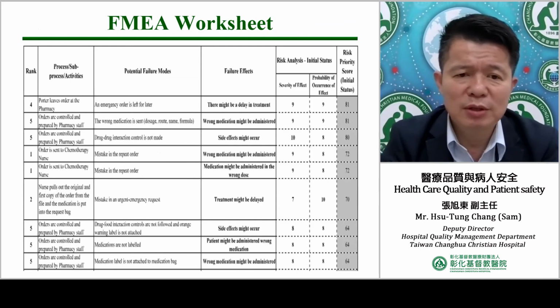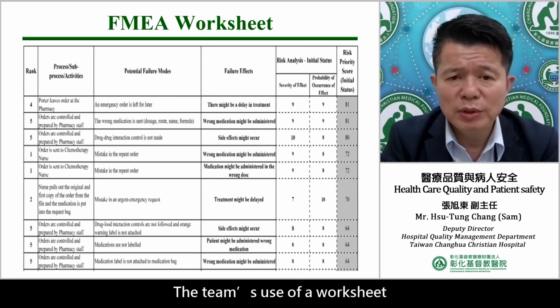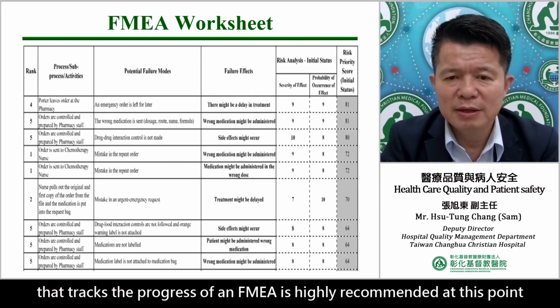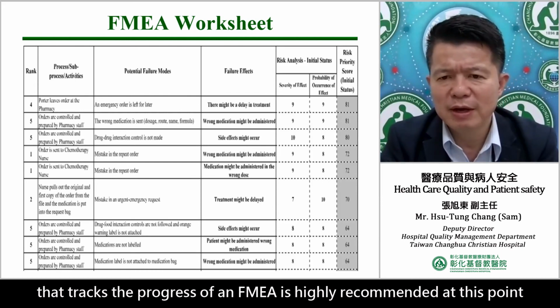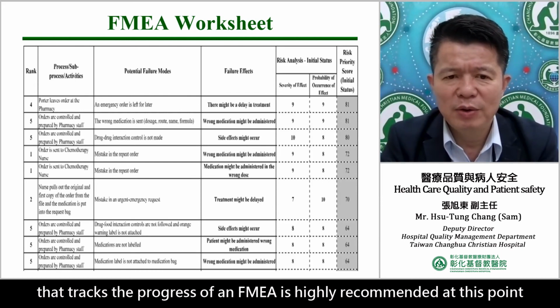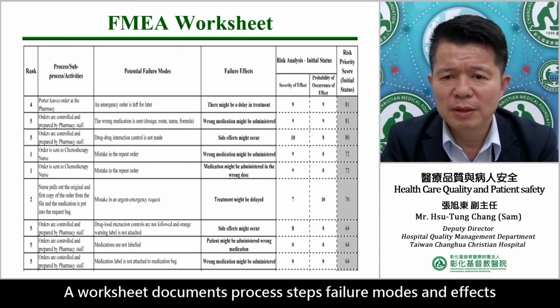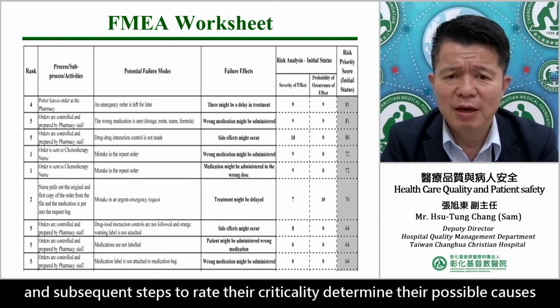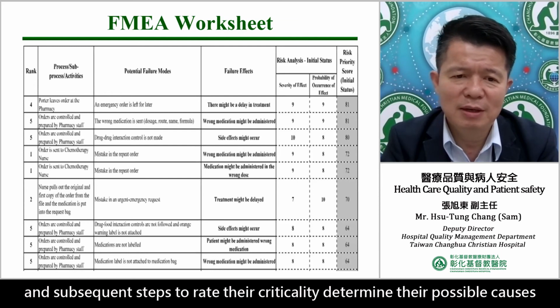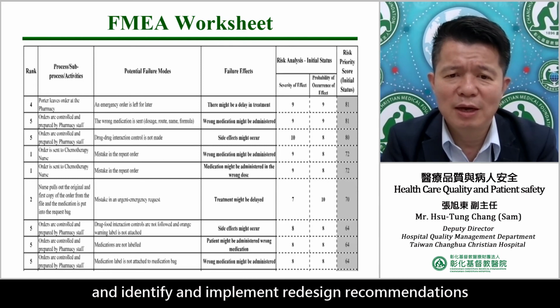FMEA worksheet. The team's use of a worksheet that tracks the progress of an FMEA is highly recommended at this point. A worksheet documents process steps, failure modes and effects, and subsequent steps to rate their quality, determine their possible causes, and identify and implement redesign recommendations.